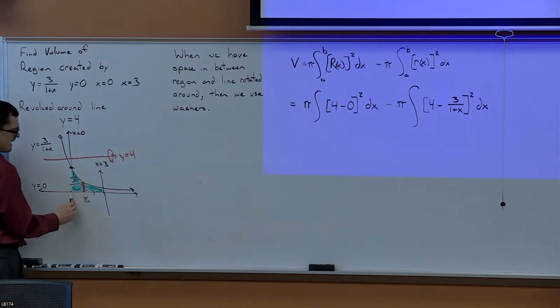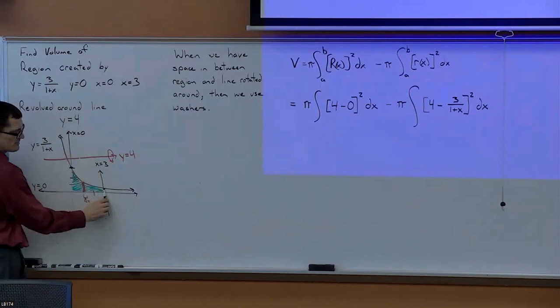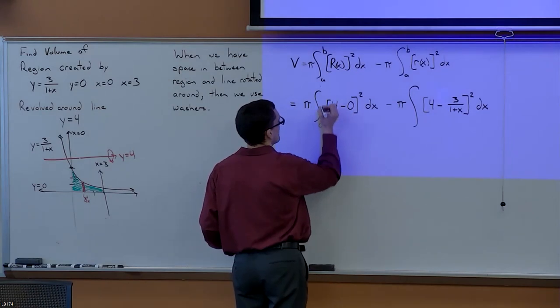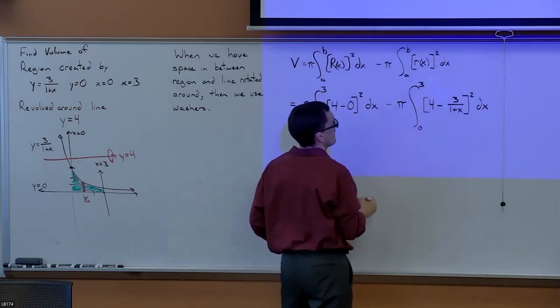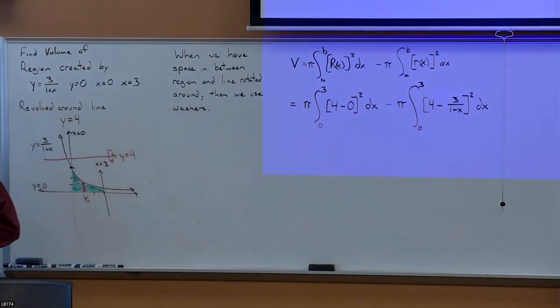Now my x value bounds are the bounds of the region. And this region went from x of 0 to an x of 3. So we're integrating both of these from 0 to 3. Again, when I type these into my calculator, I'll put them on one line.